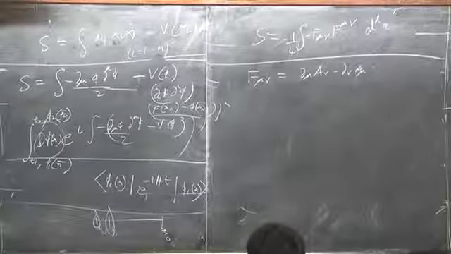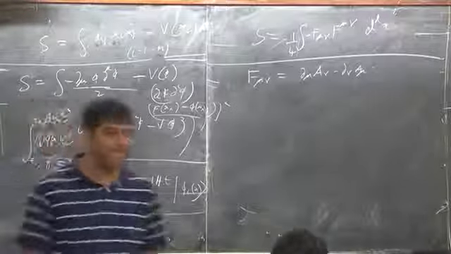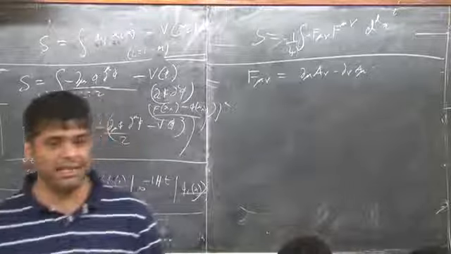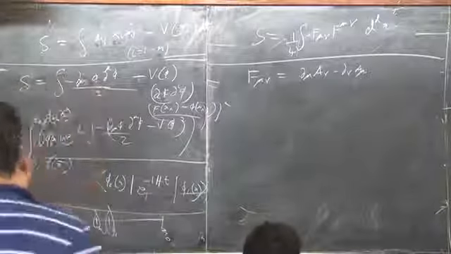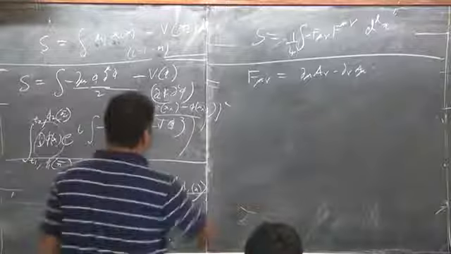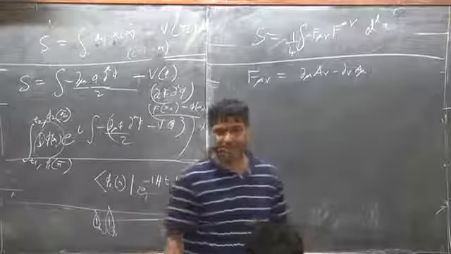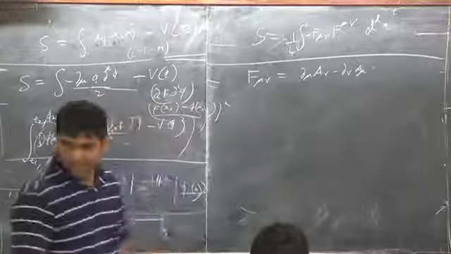Now, this action has a funny kinetic term. In order to see what I mean by this, for the purpose of quantization, let's do this time slicing. We'll single out 0 as special.